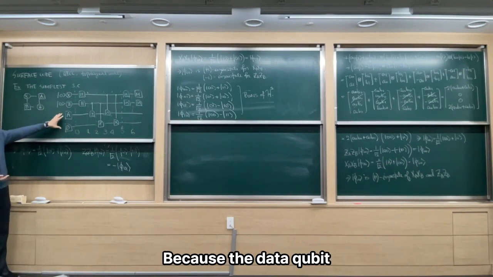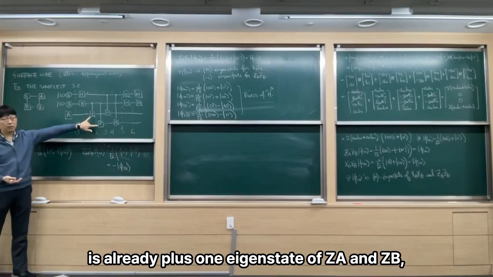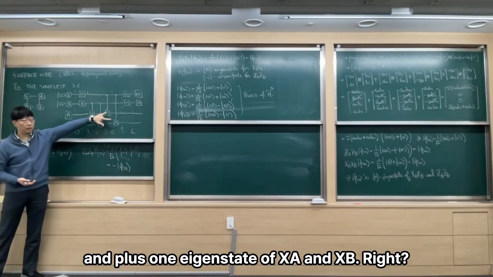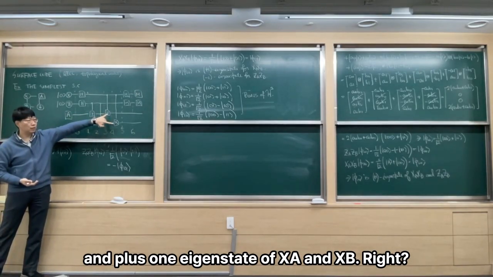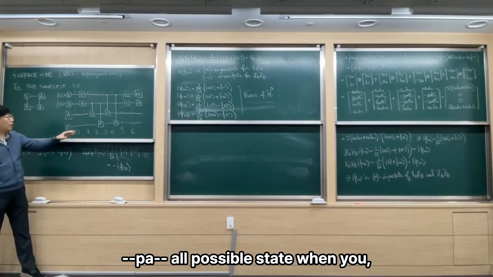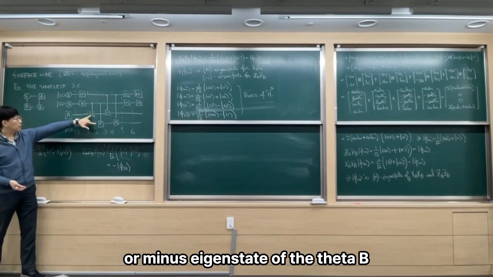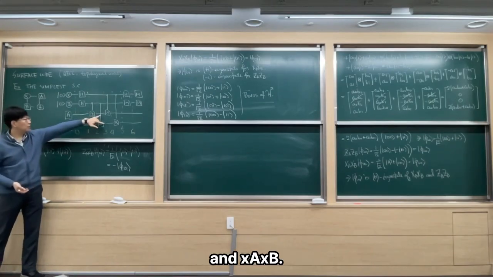Because the data qubit is already plus 1 eigenstate of ZA and ZB, and plus 1 eigenstate of XA and XB, right? So we're looking at all possible states when we do this, which is plus or minus eigenstate of ZA, ZB, and XA, XB.